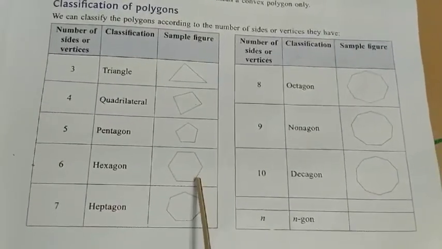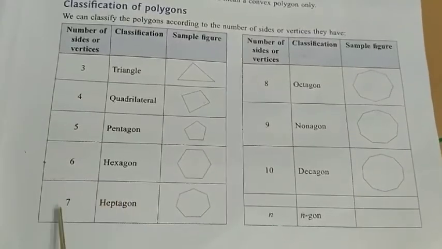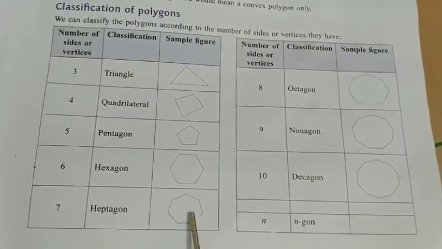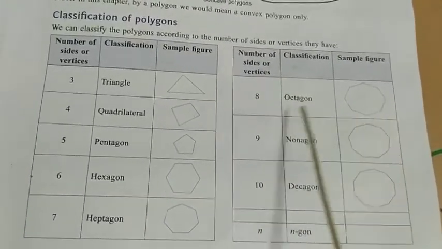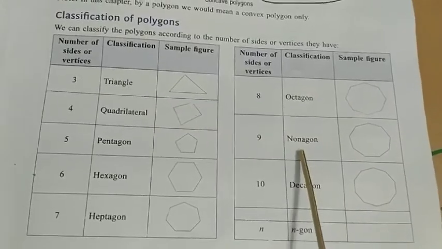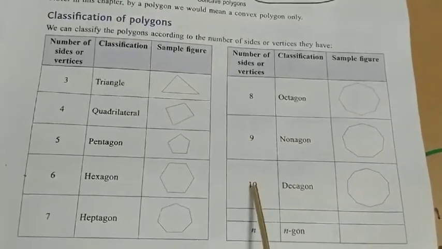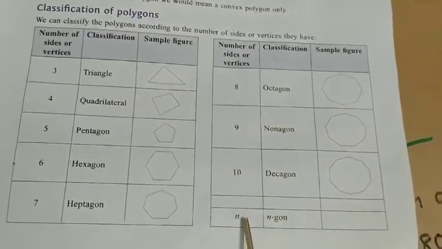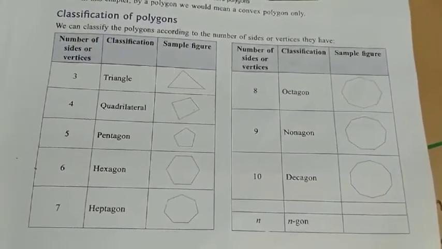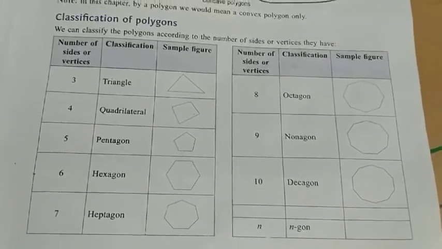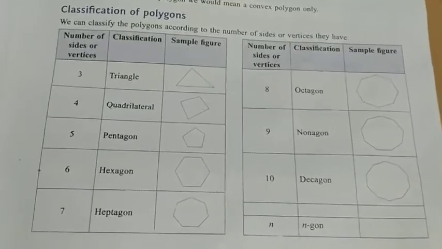This is a figure of a hexagon. 7 sides, heptagon. This is a figure of a heptagon. 8 sides, octagon. Figure of an octagon. 9 sides, nonagon. 10 sides, decagon. And 11 sides, hendecagon. Okay, so this is a classification of polygons.